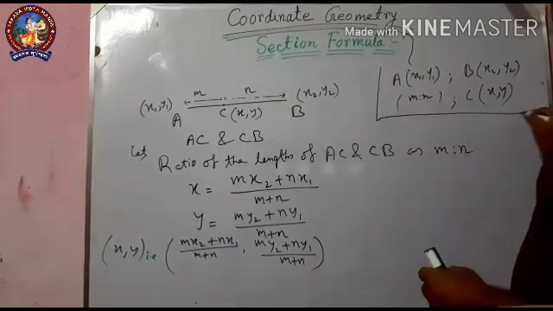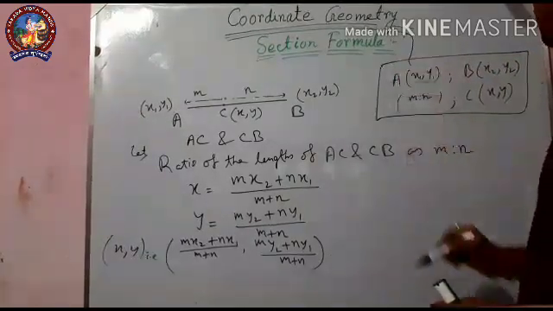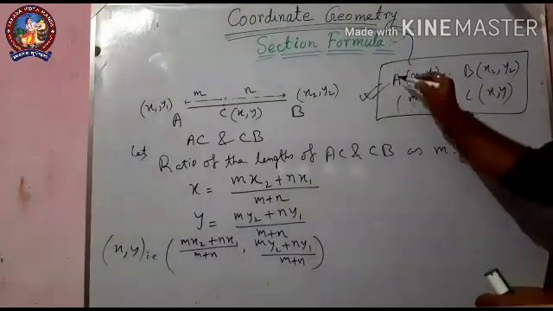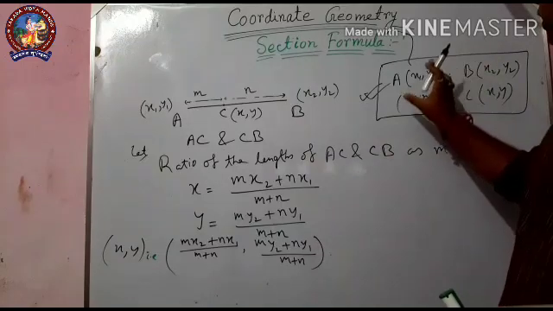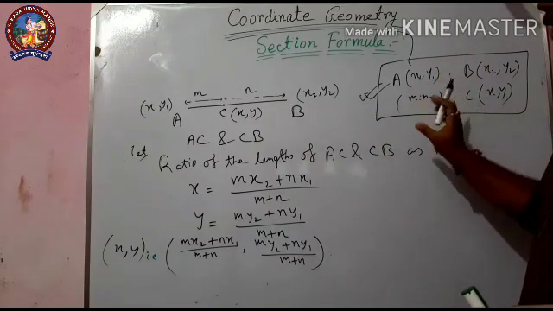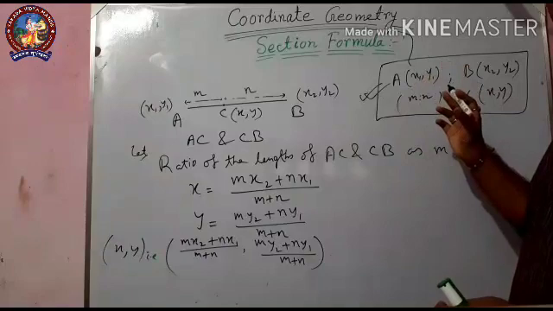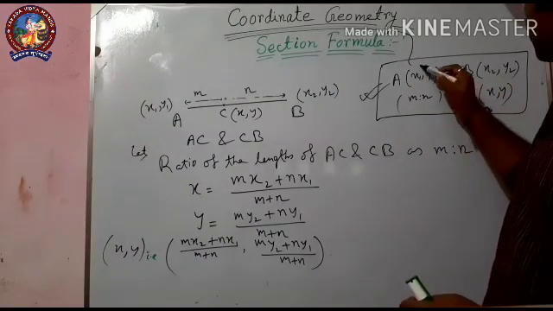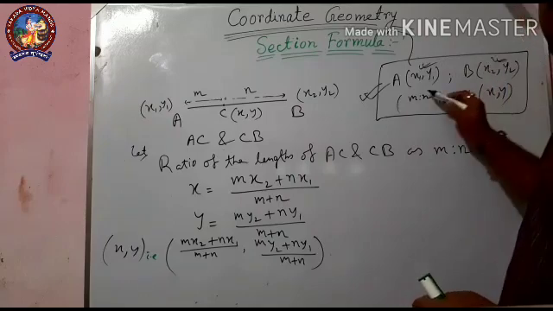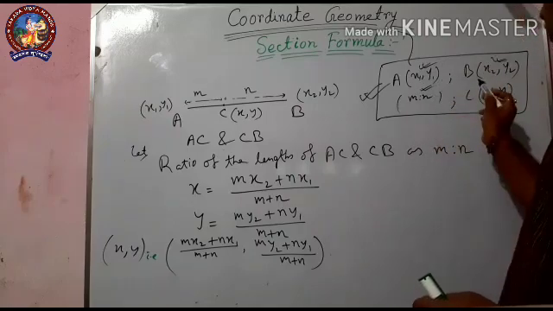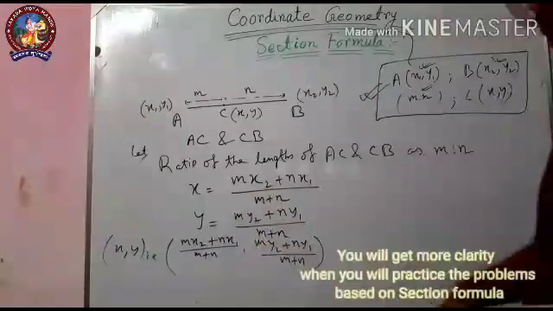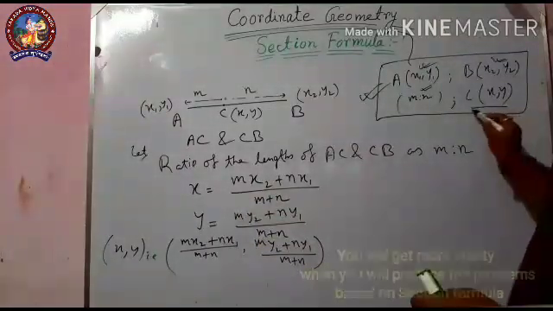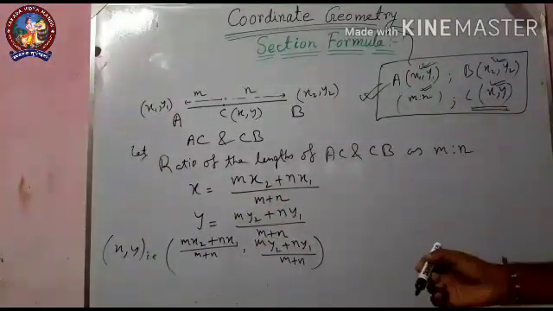You have these four things. Any three among these will be given and you will have to calculate the other one. Suppose in any problem you are given these two coordinates and this ratio, then by applying this formula you will have to calculate the coordinate of the point C.